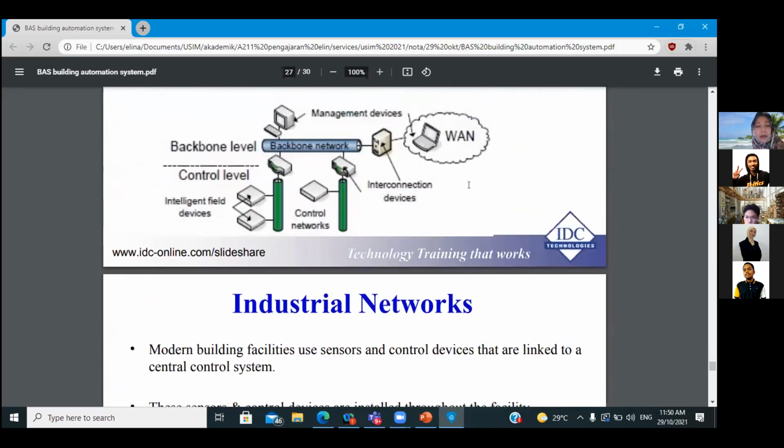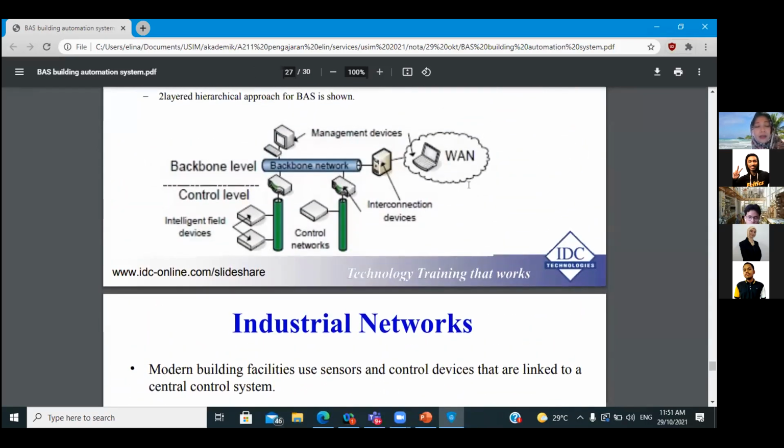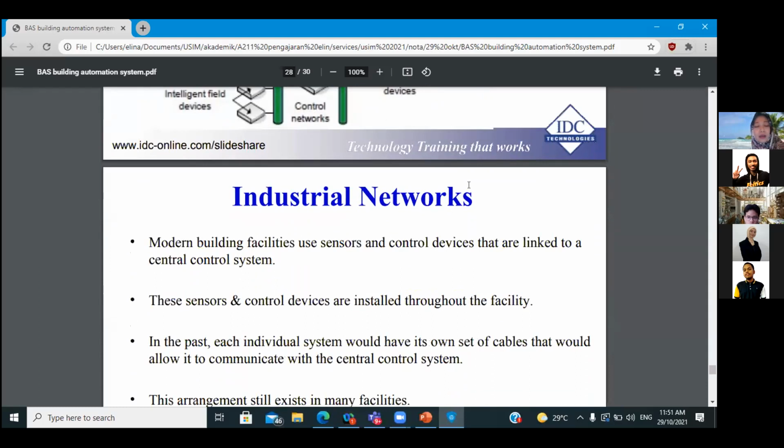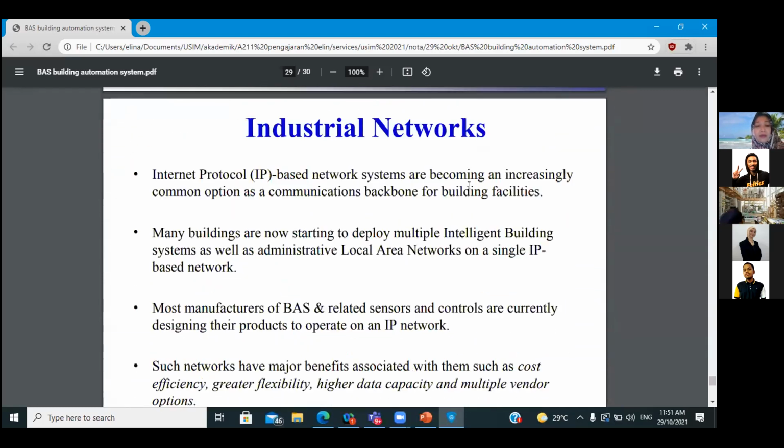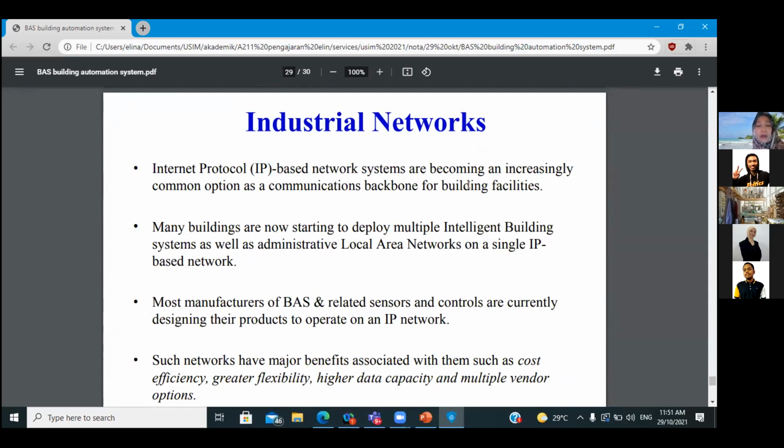You can refer to IDC online SlideShare, where they talk about industrial networks. When people around you, your clients, talk about networks nowadays, you should understand. We went to Dubai three years back and saw a house made from a 3D model, printed out on a big printer.